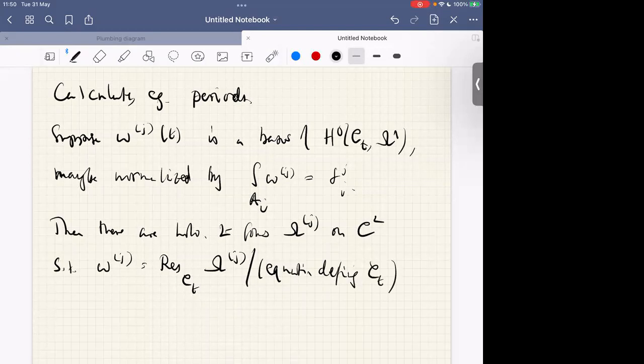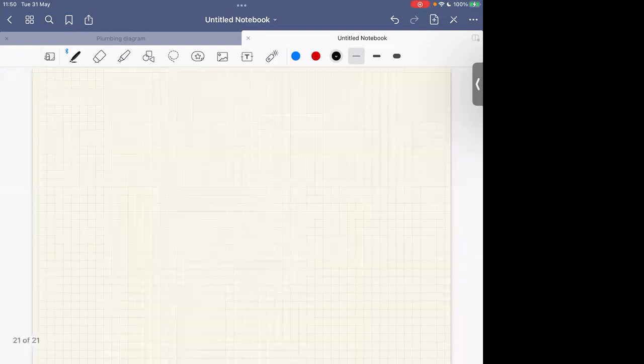So the idea is that to make a calculation, we can now pull back to F and expand, using the method of undetermined coefficients.